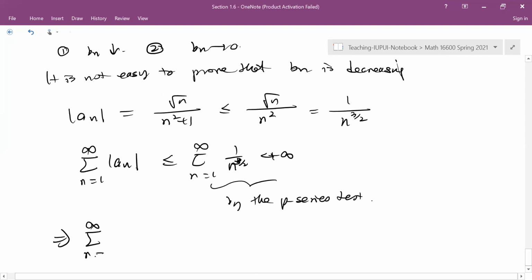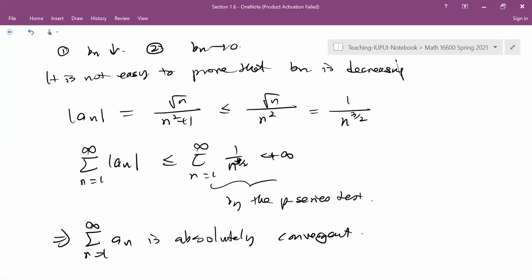It's not only convergent, it's absolutely convergent. So much easier to prove this.